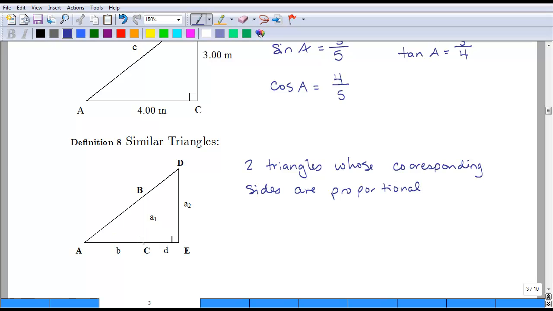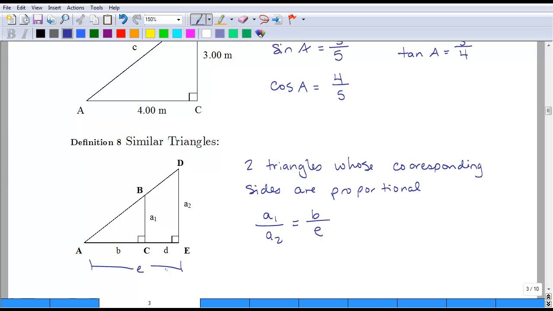So, for instance, in this case, A1 to A2, our heights here, would be the same proportion as B to, if we called this entire length here E, B plus D. Those two ratios would reduce to be the same number.